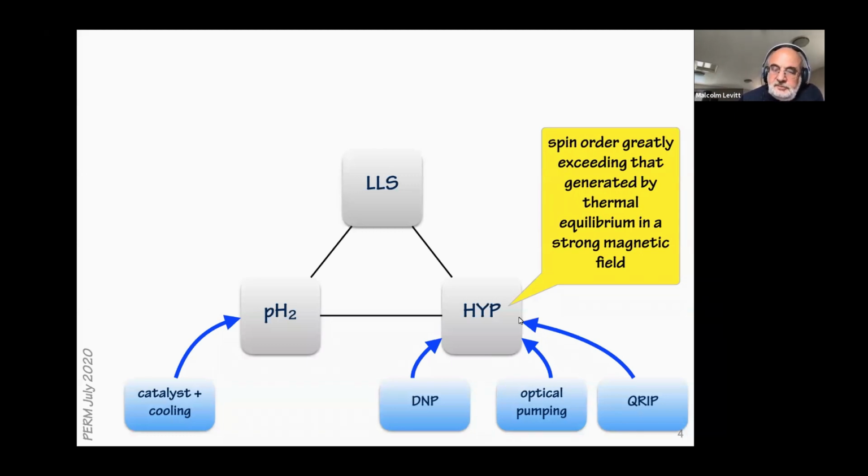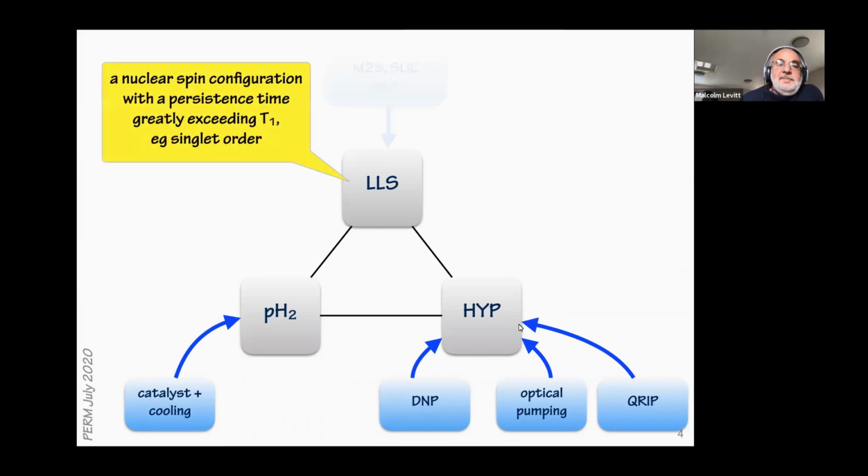Then we have long-lived states, which again are sometimes not so easy to define exactly, but generally speaking, they're configurations of nuclear spins which last much longer than the nuclear T1.